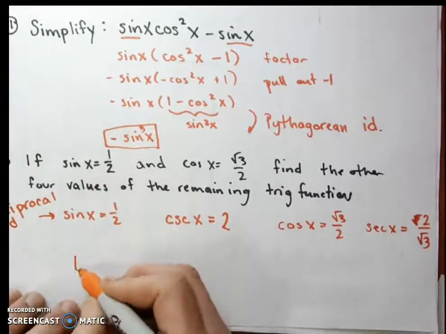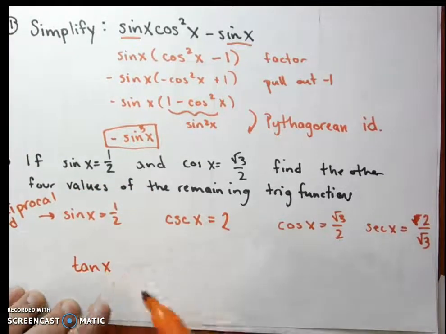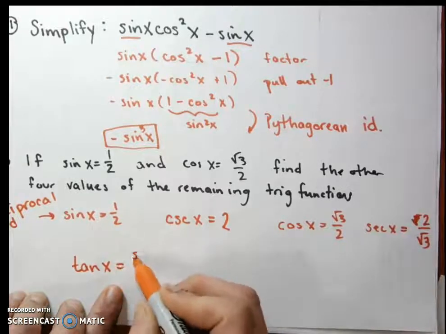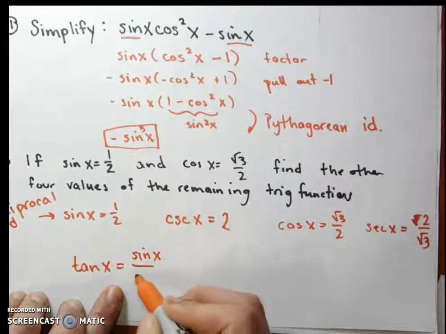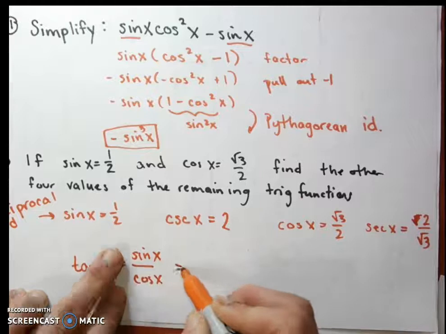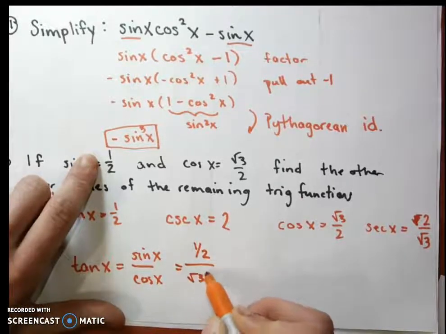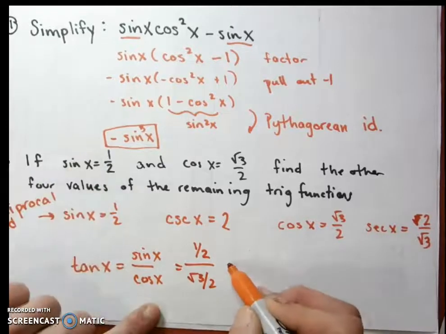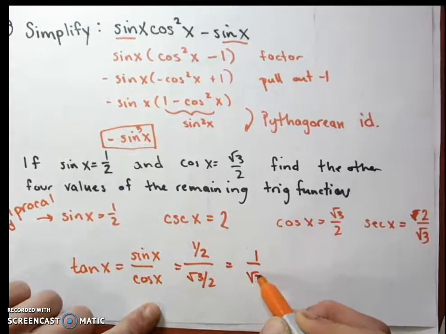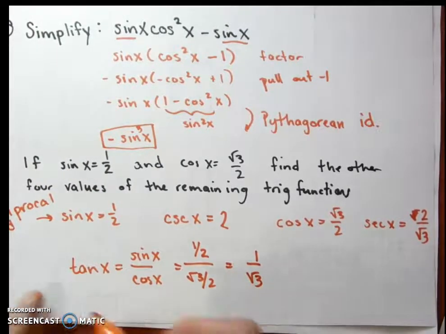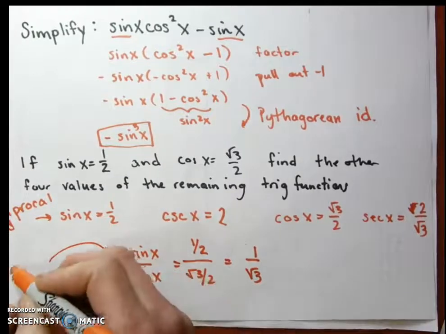Now to get tangent, I can use the quotient identity. Tangent is sine over cosine. So sine is 1/2. Cosine is √3/2. This simplifies to 1 over √3. So this is the quotient identity.